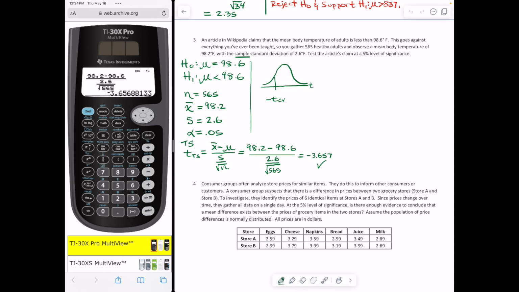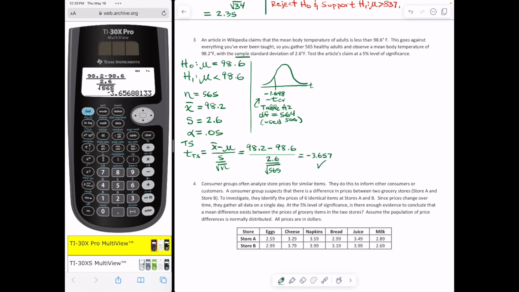Making it negative. This is table A2. And the degrees of freedom is 564, but we used 500. Okay, and so there we go.